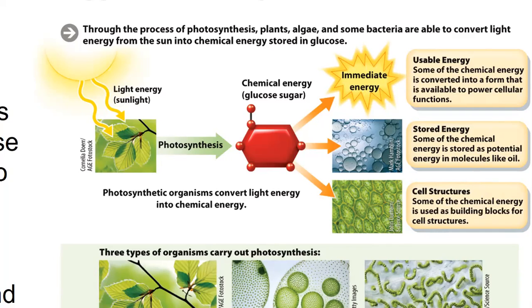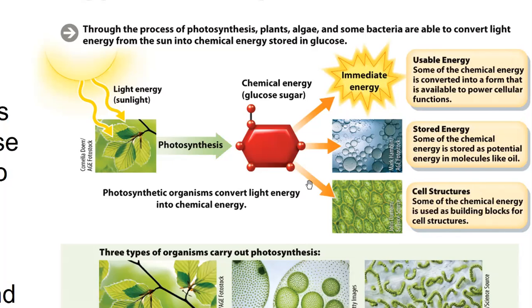So all the things that are required for the plant cell to function properly. It could also be used in storage. So that means that some of this glucose can then be stored, right?